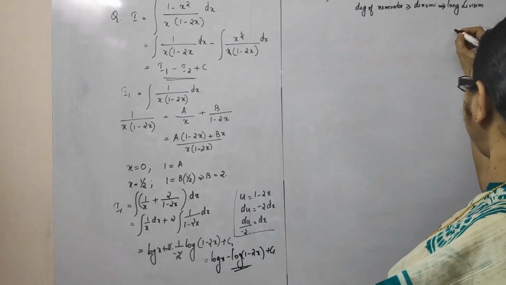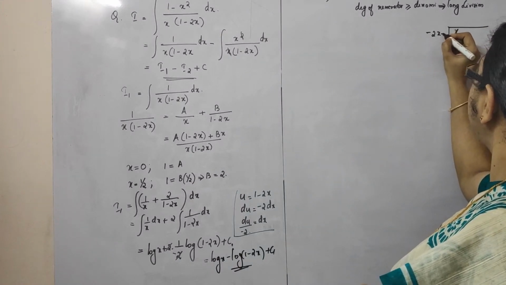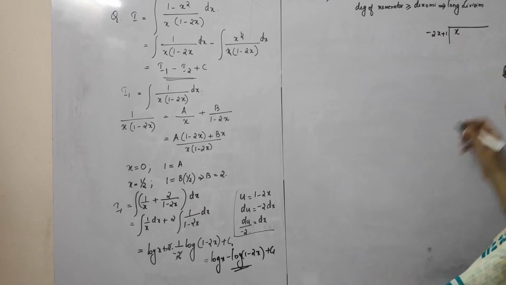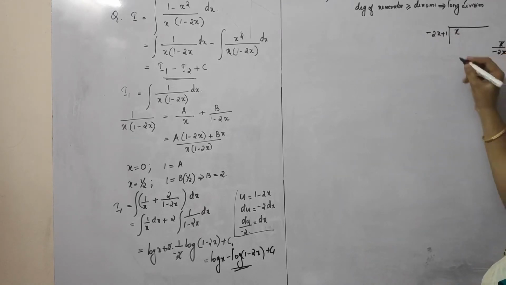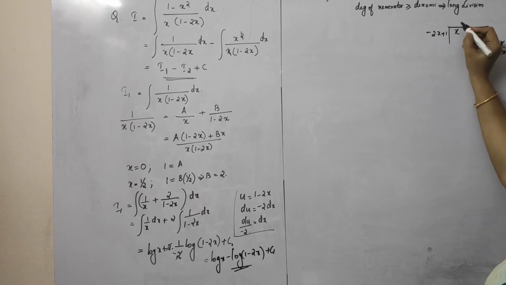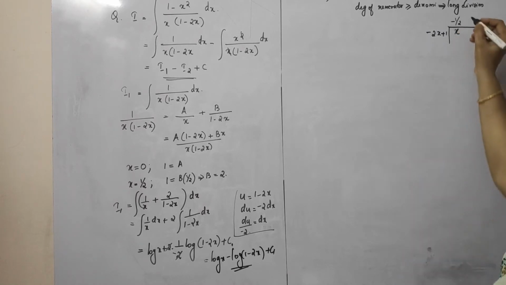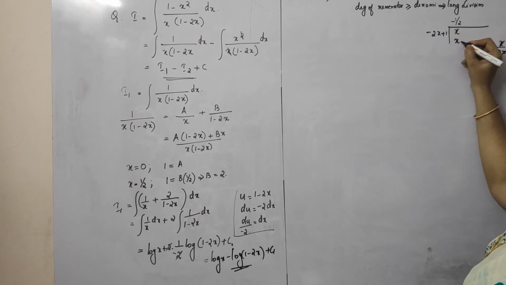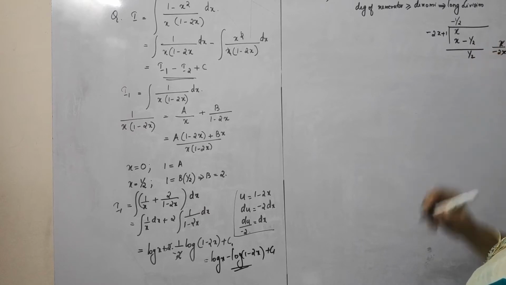So now I am going to divide x by minus 2x plus 1. What do I get? X divided by minus 2x, what will I get? Won't I get minus 1 by 2? Yes or no? Yes. So now when I multiply this, I will get x minus 1 by 2. When I change the sign, you get 1 by 2.